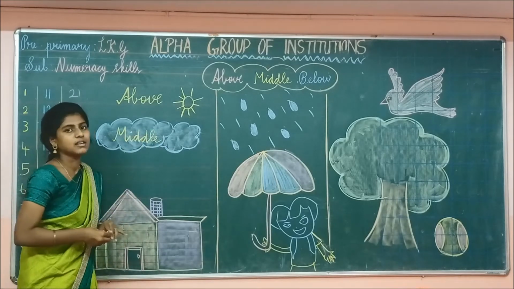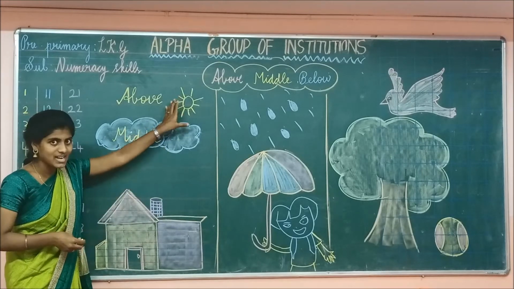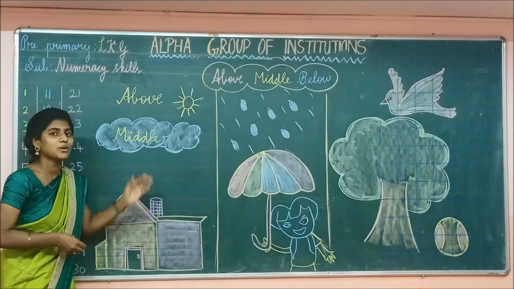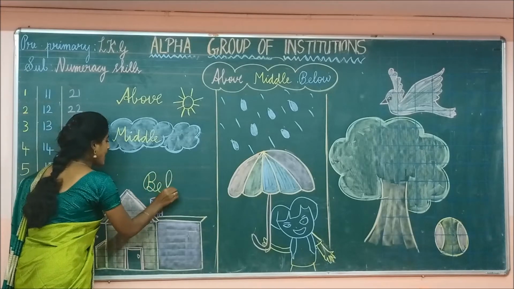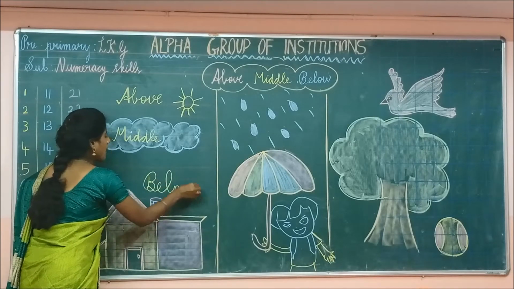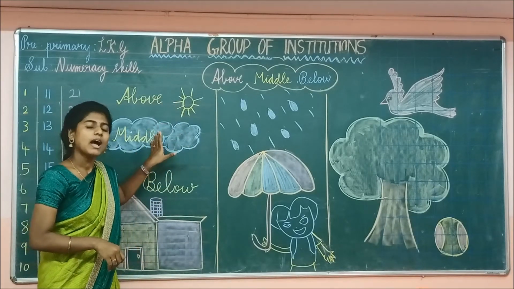M-I-D-D-L-E. Middle. And see here, the house is below the sun and the cloud. Below. B-E-L-O-W. Below. I hope you understood above, below and middle.